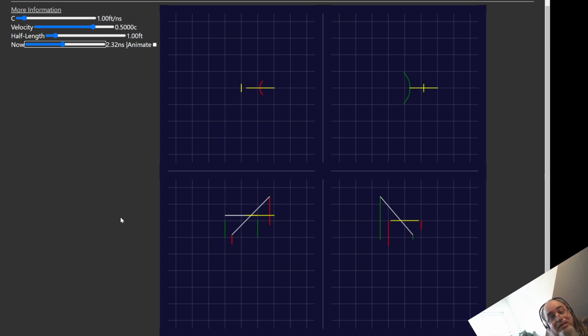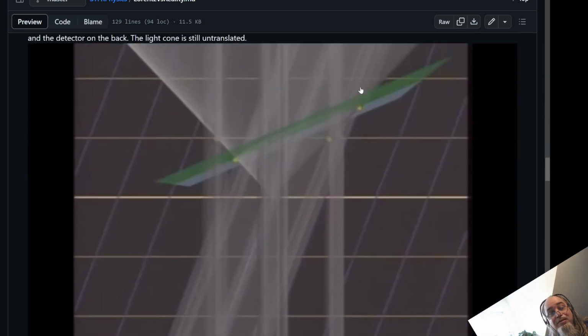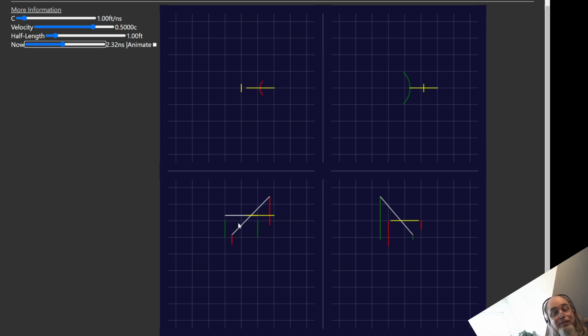This green line is just from this drawing, from this video. This sloped line is this sloped line. And so at 2 seconds on its clock, it sees the events from both detectors at the same time. Score. I'm exactly with relativity.